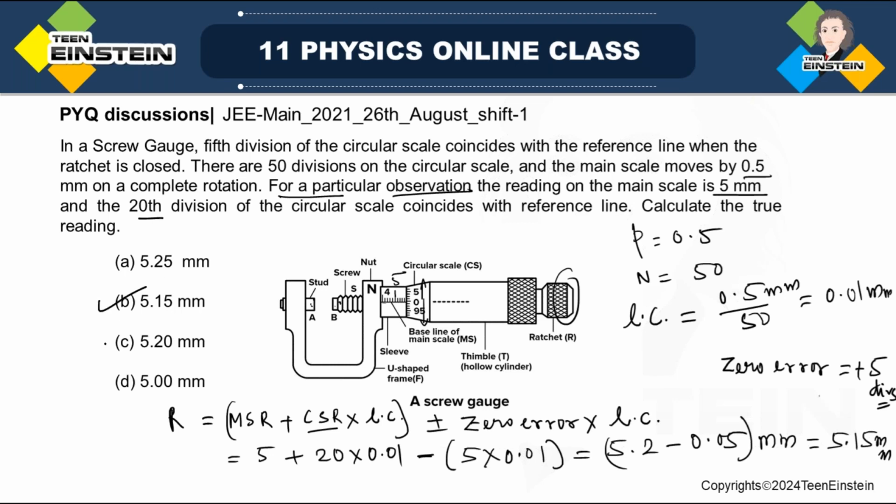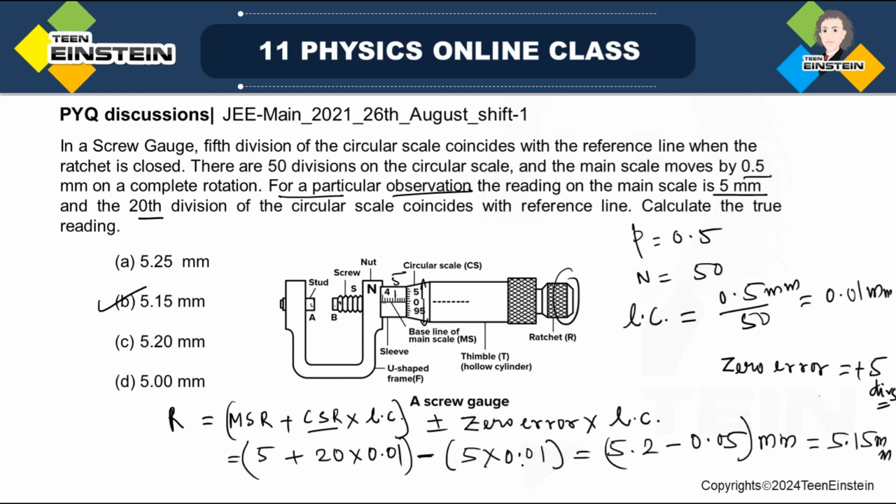Here option B will be the correct answer for this question. So dear students, I hope you have understood how the zero errors are added and subtracted. When positive error is there, then you have to subtract it from the reading. Total reading is MSR plus CSR into LC.